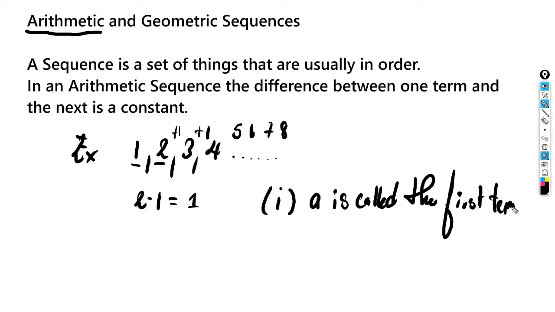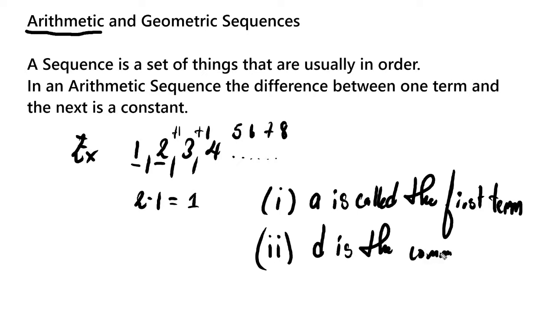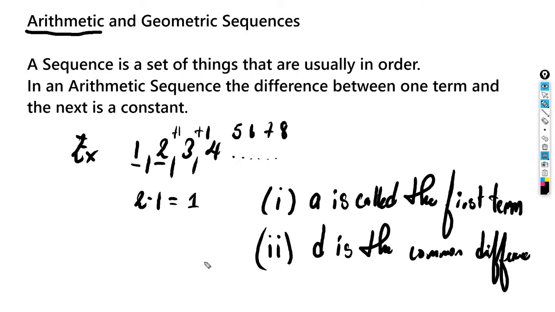All right, so A is the first term, and D is the common difference, okay? So D is the common difference.